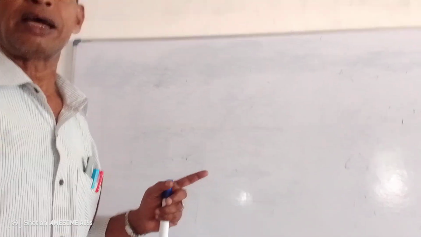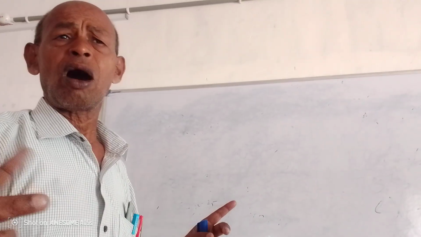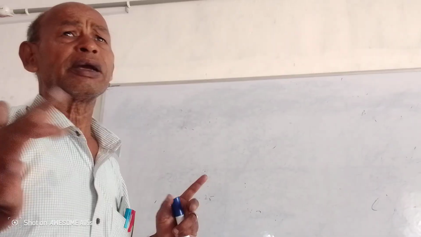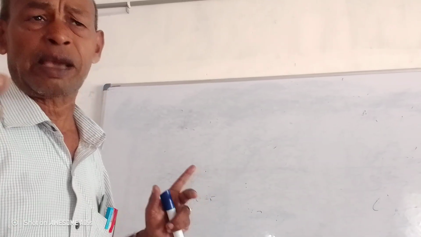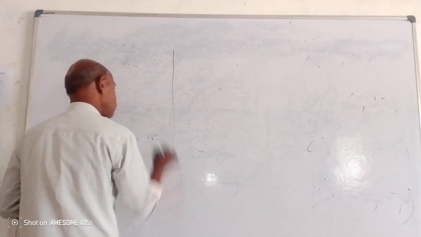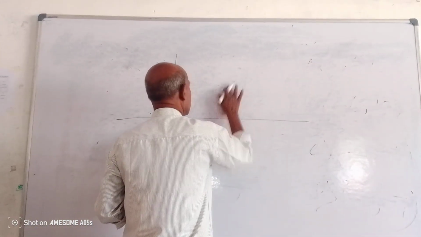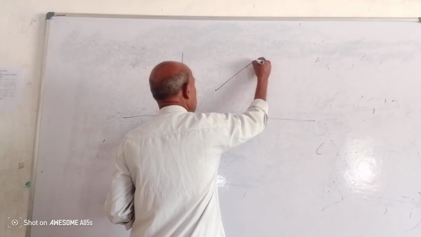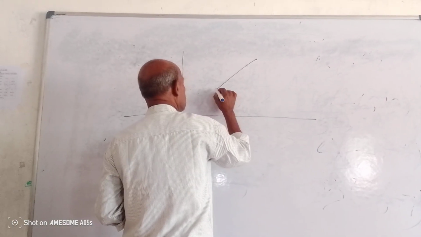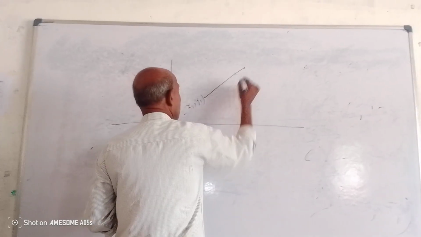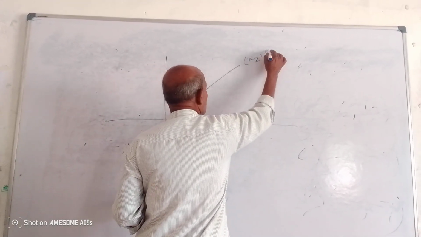Now we will proceed to find the distance between 2 points, or the length of a straight line, when the coordinates of the extreme points are given. Suppose this is a straight line, and its coordinates are (x1, y1) and (x2, y2).